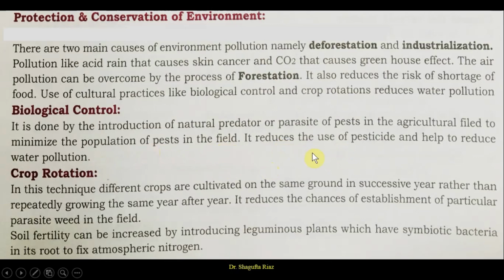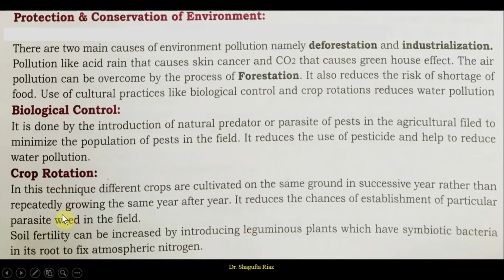So we can avoid that by using natural predators or parasites of the pest in the agricultural field, and in that way we don't have to use pesticides. For example, there are some pests which feed on the agricultural field, but there are some parasites which feed on those pests. So we can introduce those parasites in that particular field, and they will not harm the field, but they will demolish that pest from that area, right?